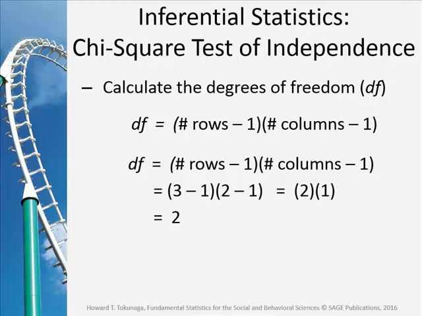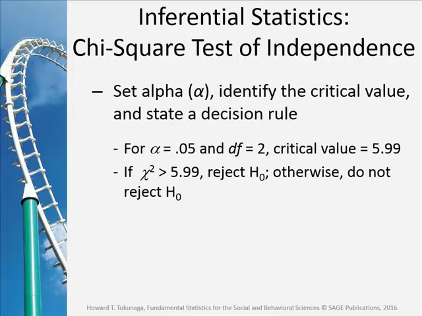Another way that you might see this denoted is R minus 1 and C minus 1. R and C stand for rows and columns. All right. So we have 2 degrees of freedom.